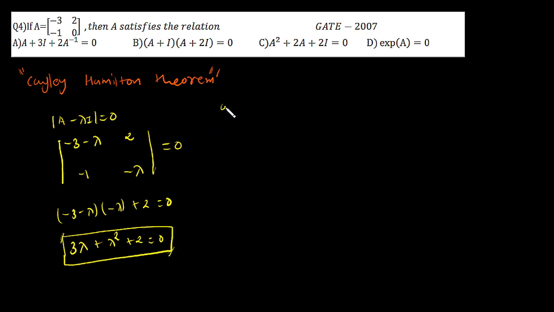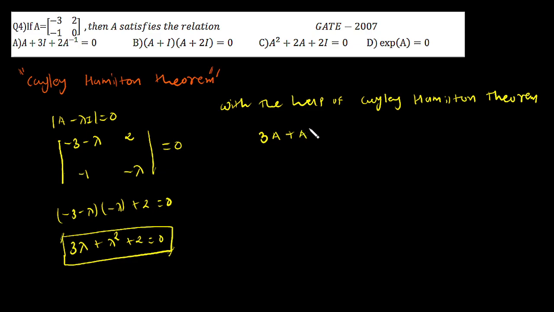So with the help of the Cayley-Hamilton theorem, we can write 3A plus A square plus 2I equal to 0, because here we have to put I multiplied with this 2, because we are replacing this scalar with the identity matrix, because this equation is in the form of a matrix. Here A is a matrix.